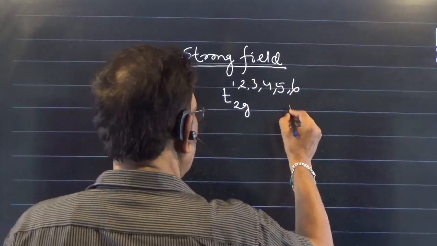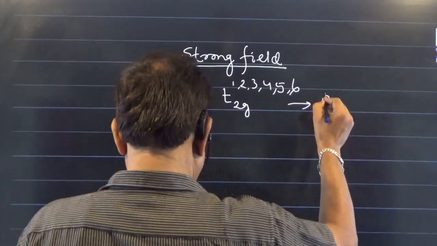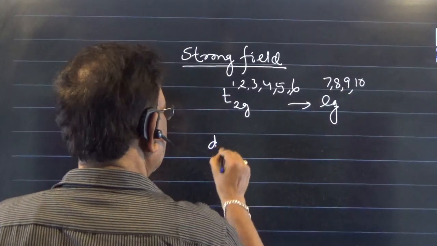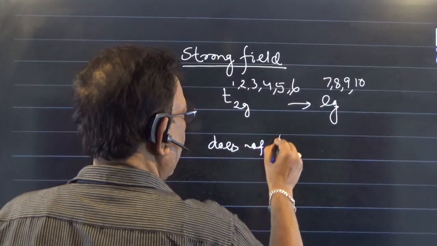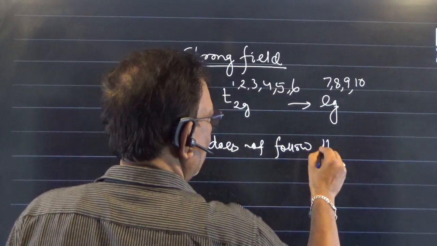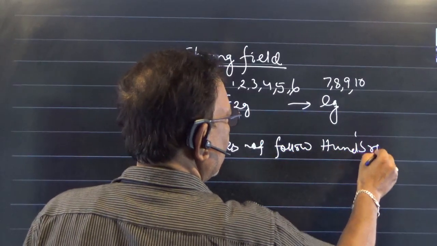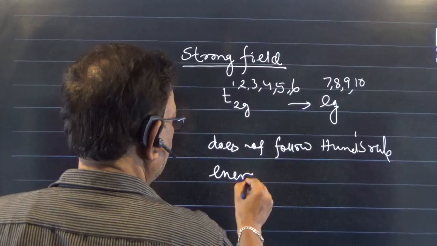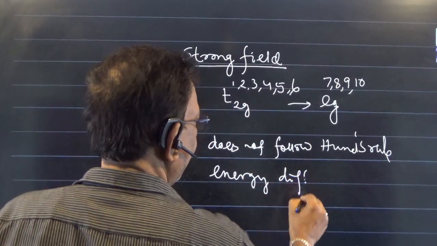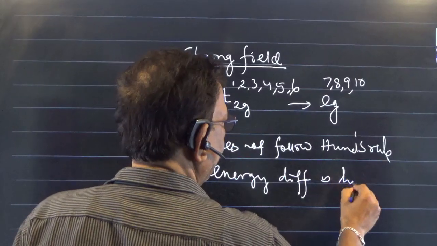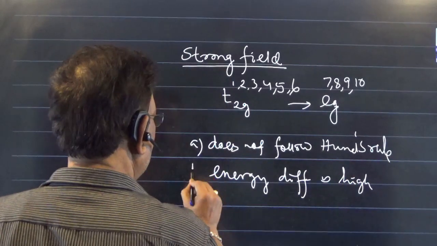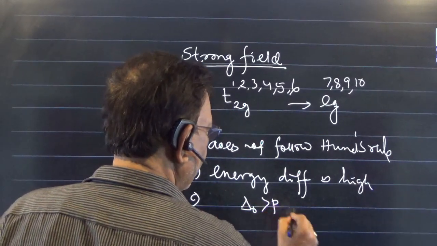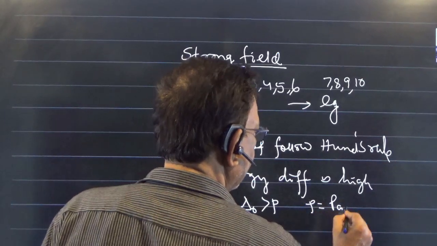It does not follow Hund's rule, and EG is your 7 8 9 10, does not follow Hund's rule, and the energy difference is high, and delta octahedral is greater than P, where P is your pairing energy.